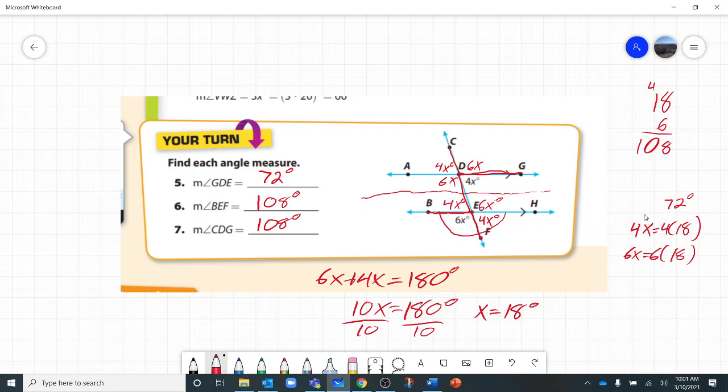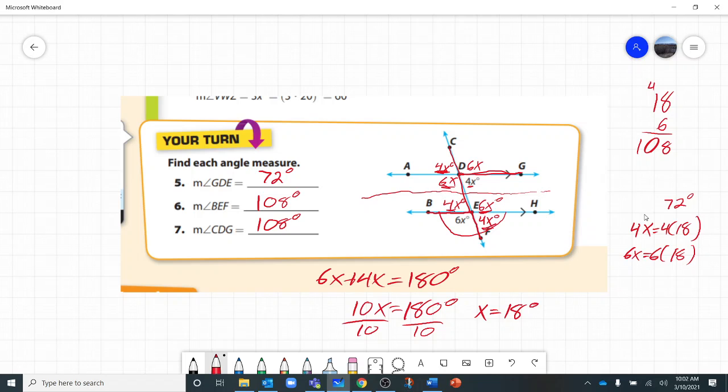I will do one more of these, and hopefully you're seeing why the angles have to be the way they are, why these two make a straight line and the straight line is 180 degrees, why the vertical angles, the ones directly diagonal across from each other, are equal to each other, as well as the alternate interior. That's the 4x right here and the 4x right here and the 6x right here with the 6x right here, and the alternate exterior.